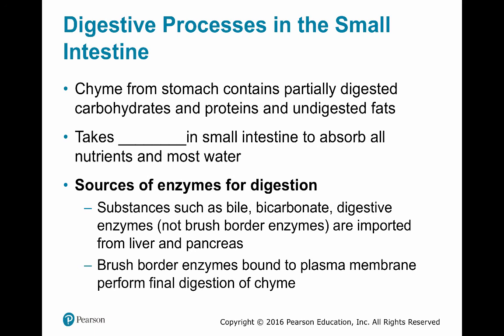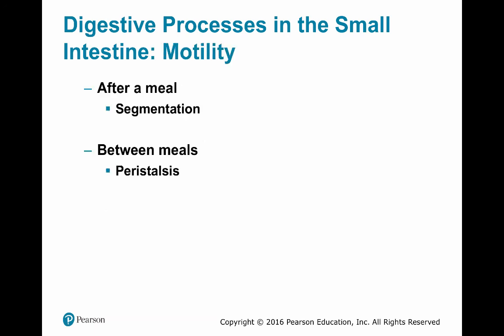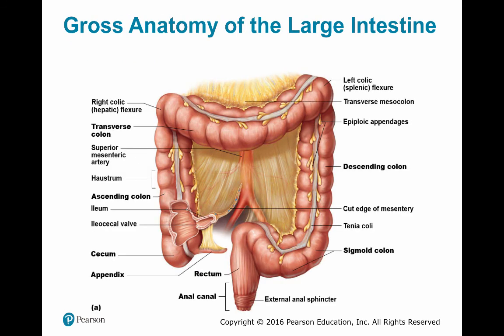Brush border enzymes found in the plasma membrane perform the final digestion of chyme. And the movement in the small intestine after a meal is segmentation to break everything up, but between meals, it's peristalsis to make sure to get rid of everything.